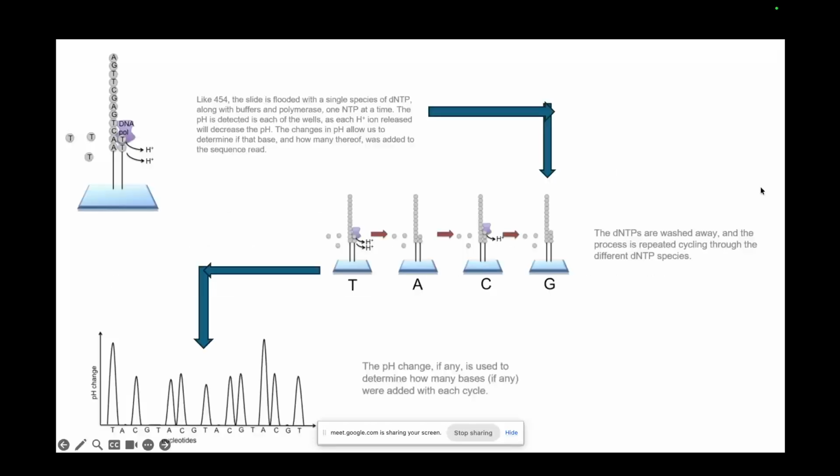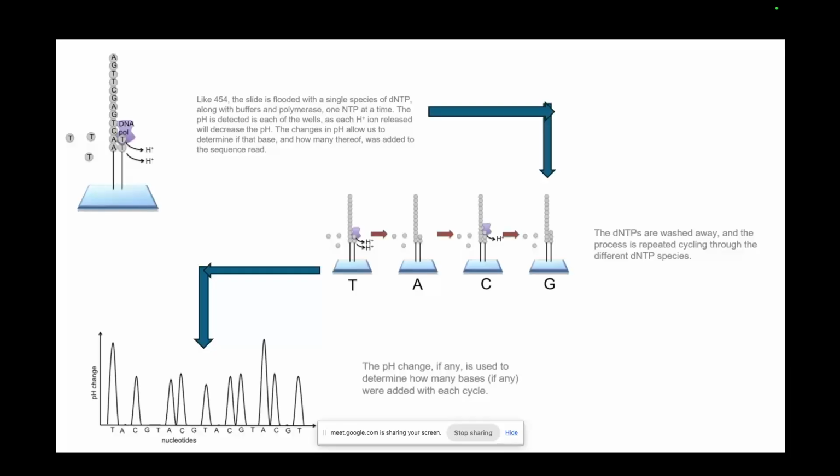Okay. So this is the schematic of how it works. You add basically one dNTP at a time. This is important because throughput is an issue here. If you want high throughput with this technology, you need to have singular wells in a plate.